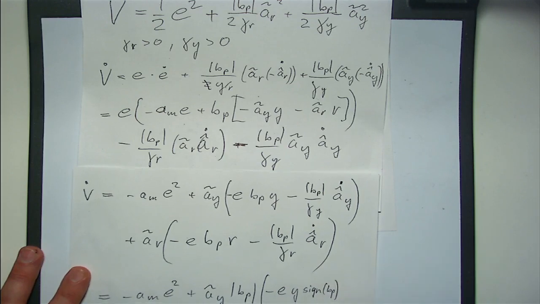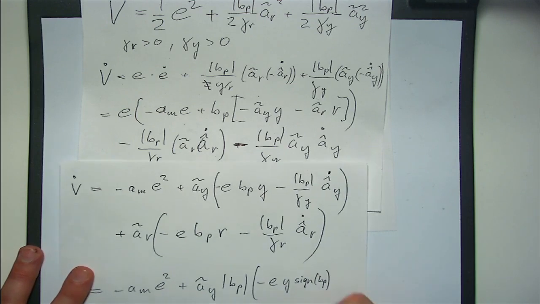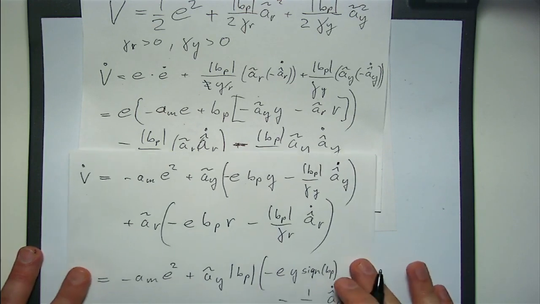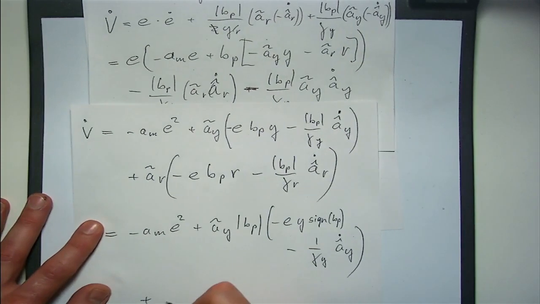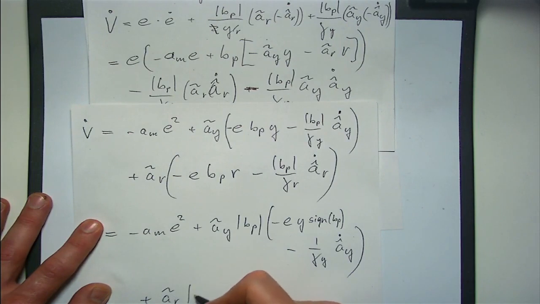And now 1 over gamma y. Plus, then we have AR tilde BP.